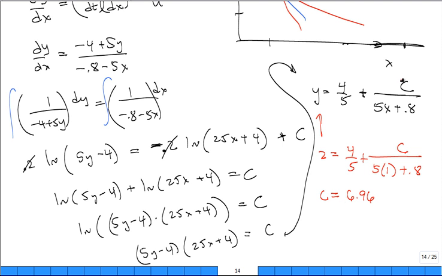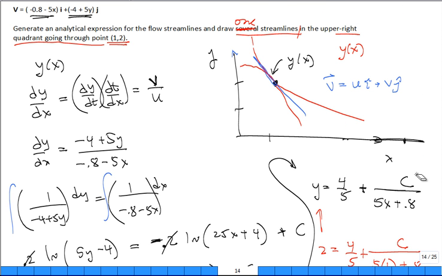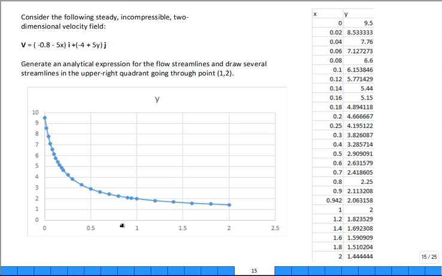So I take that function with this constant, 6.96, and I plot it. It doesn't look like that. It looks like that. I can evaluate that function at x greater than 1, less than 1. So I did plot it in Excel, and that's what it looks like.